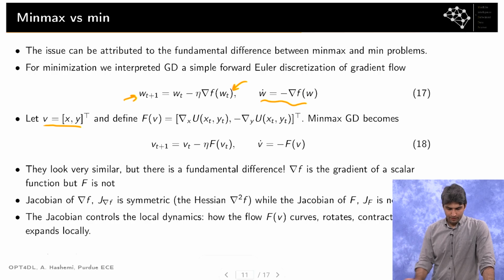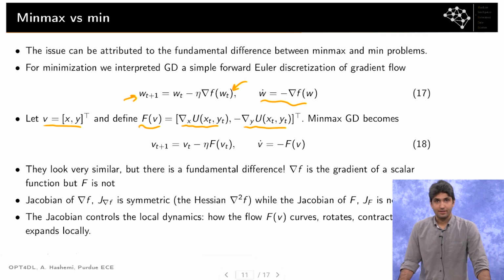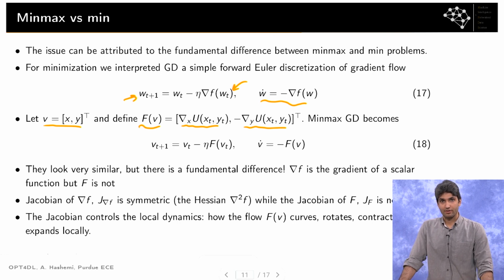Let's also define this gradient, if you will, that concatenates the gradient of the objective with respect to x. This is what the generator uses in the descent step to update its parameter, and minus the gradient of the objective or the utility with respect to y. This is what the discriminator uses in its ascent step to update its parameter.